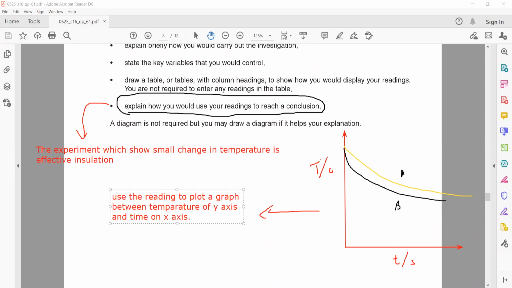And how you compare this: the experiment which show smaller gradient or slope is effective insulation.